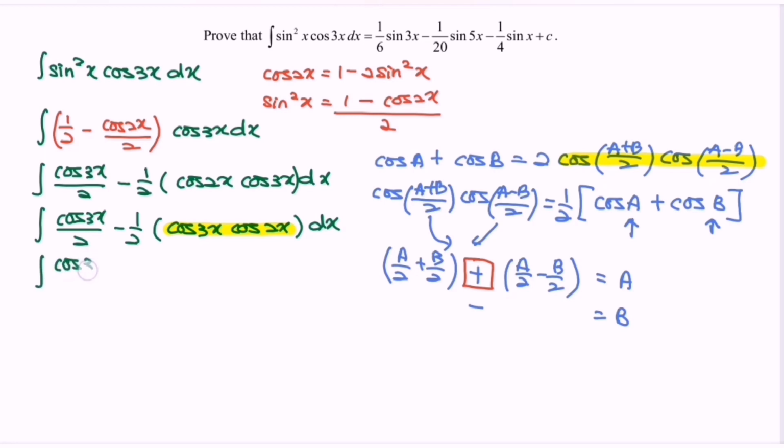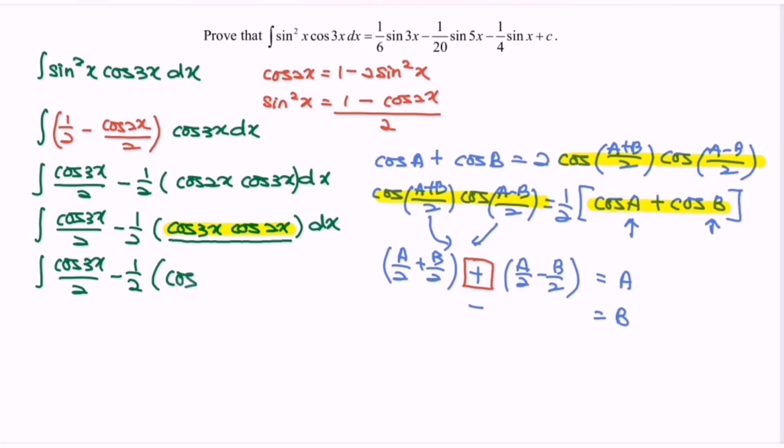Integrate cos 3x over 2 minus, we have 1 over 2 bracket cos 3x cos 2x. So now we are focusing on this part. Then we need to transform into the part on the right hand side. So rewrite the situation.